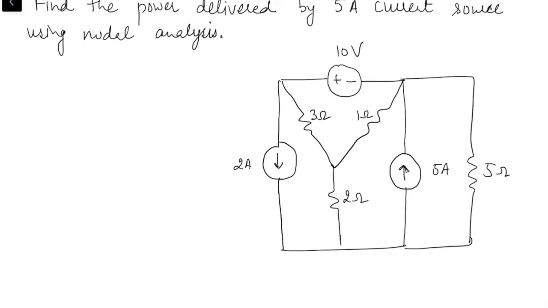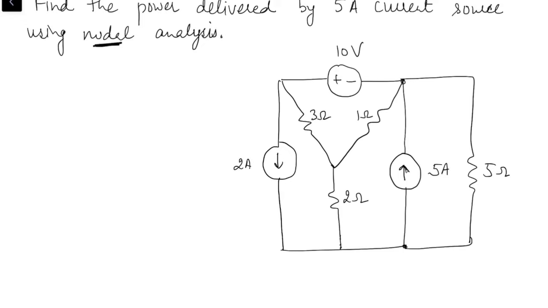As we have to find the power supplied by this 5 ampere source, we need to find the voltage across this 5 ampere source, and when we multiply that voltage with 5, that will give us the value of power supplied by this source. For finding that voltage, we need to apply nodal analysis as mentioned in the problem.